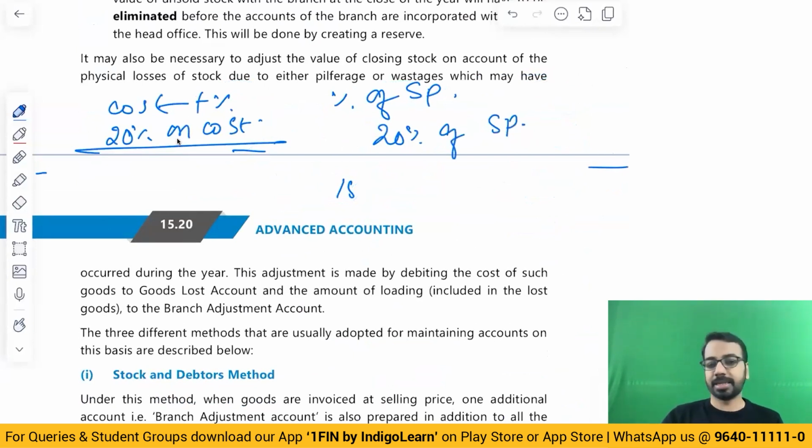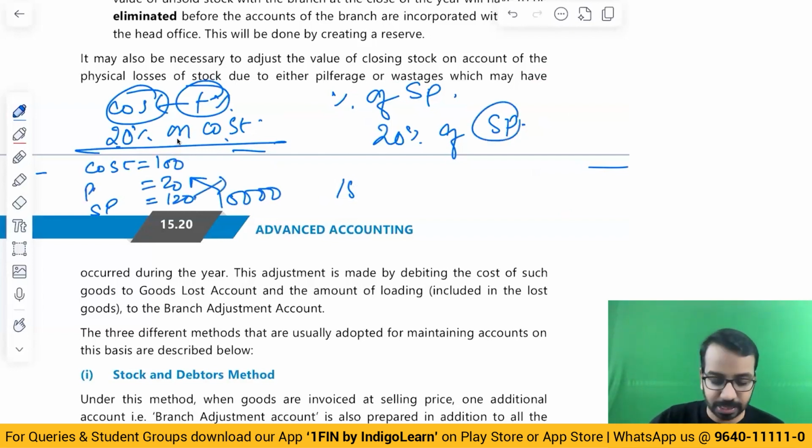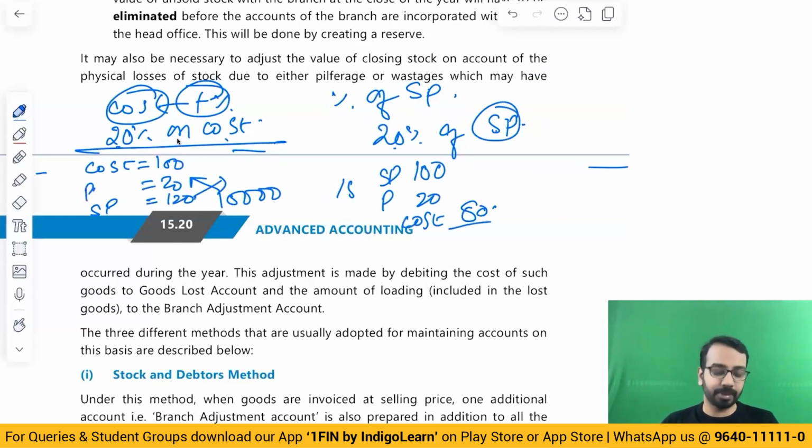Now, the way to do this in the examination without getting confused is that whatever this percentage is on, so here it is 20% on cost, take cost is equal to 100, profit will be 20, selling price will be 120. And if they give you, let us say, selling price, you can find out the profit by doing a simple cross multiplication. Same way, if they say 20% of selling price, take selling price as 100, profit will be 20, and cost will be 80. Okay, that is one thing.